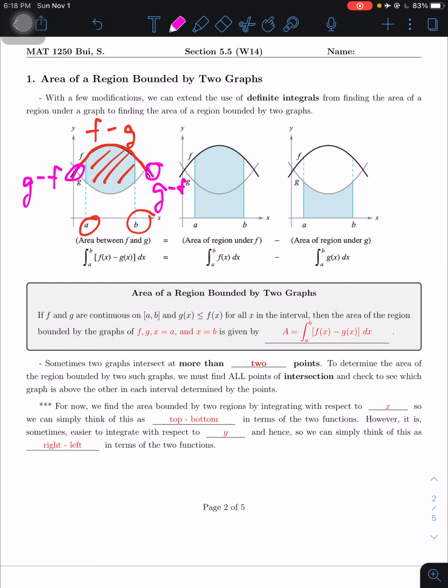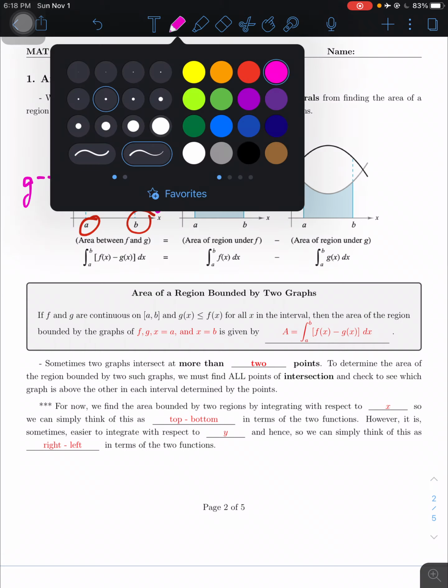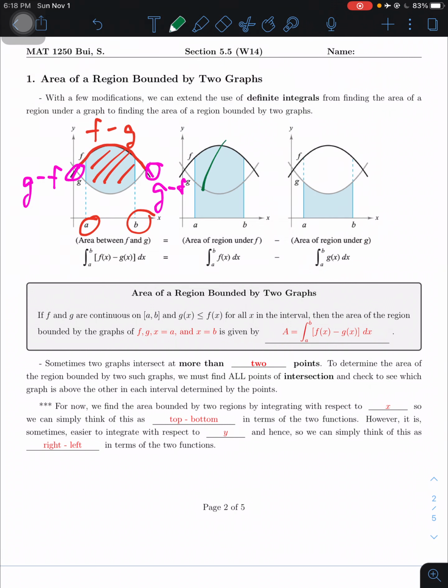Okay? And now, if we want to calculate the shaded area in red in here, we have to think about the area in green first. That's the area underneath of F compared to the x-axis. And there's one more area, of G with the x-axis, right?